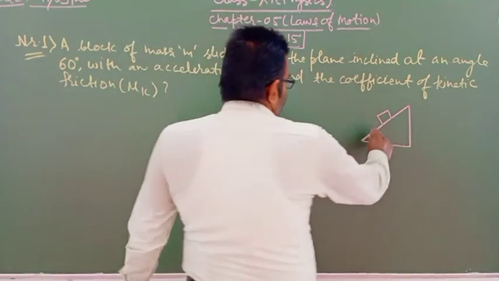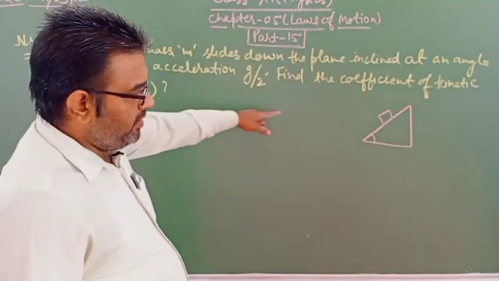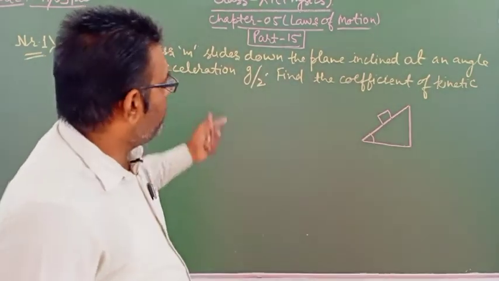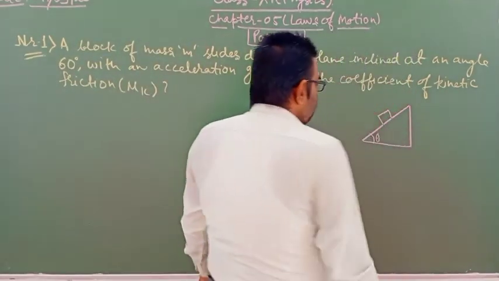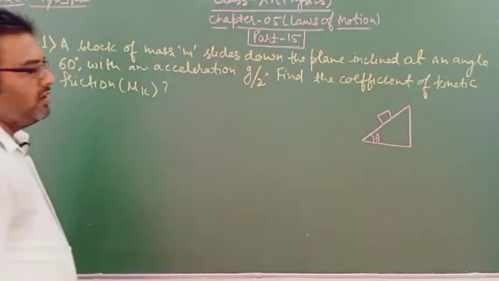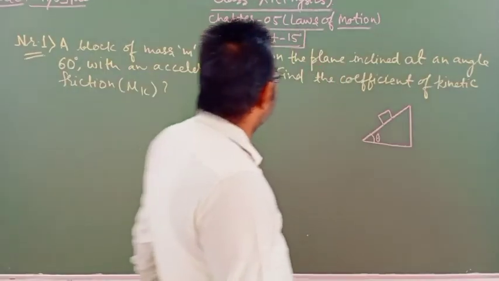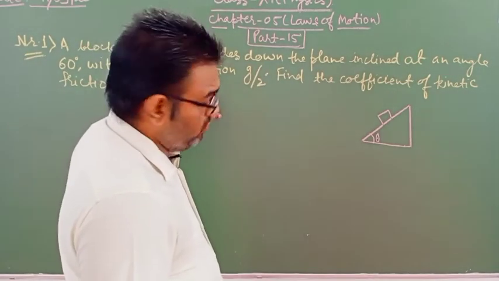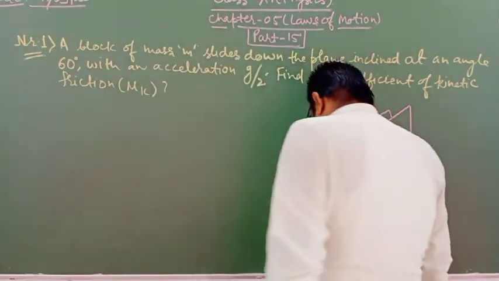Suppose the angle given is 60 degrees, but we are putting theta here, and when we discuss the formula, we will put the value of theta, that is 60. So this is the angle theta. With this angle the surface is inclined with the horizontal, and the acceleration is given, that is g by 2. So we have to find the value of kinetic friction.